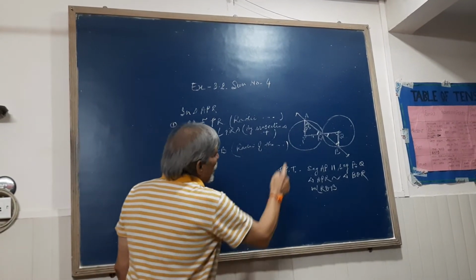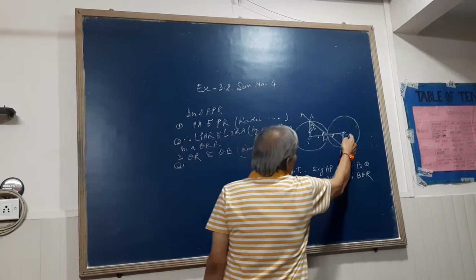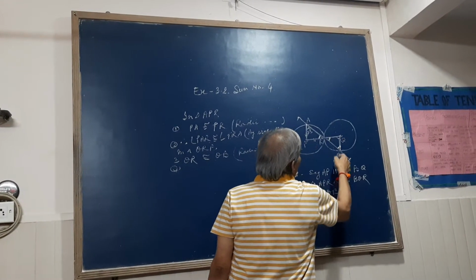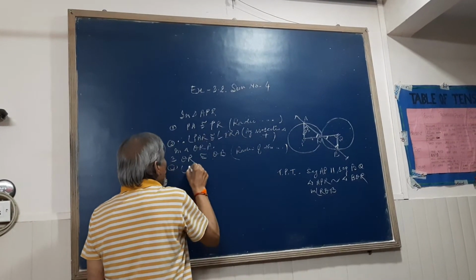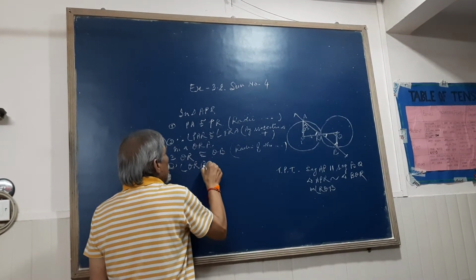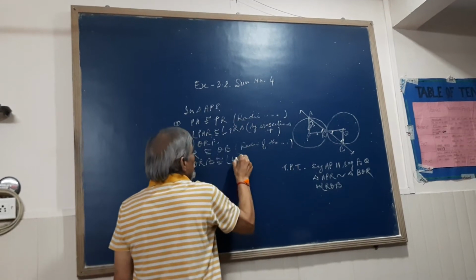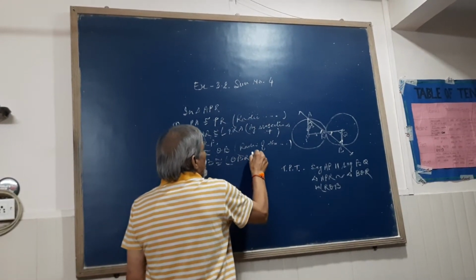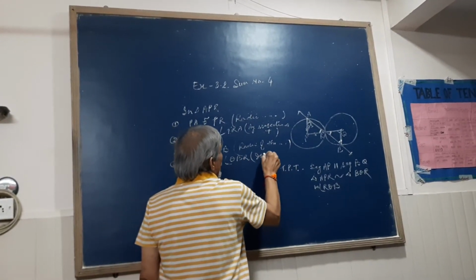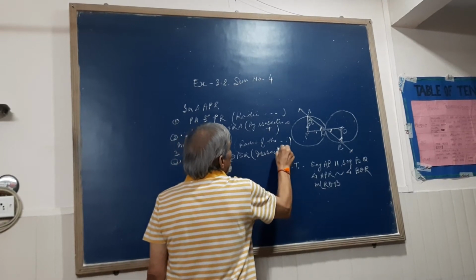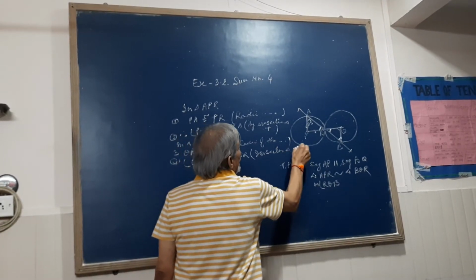Therefore, angle QRB is equal to angle QBR. Reason is same, isosceles triangle here.